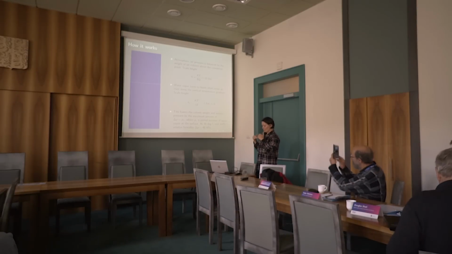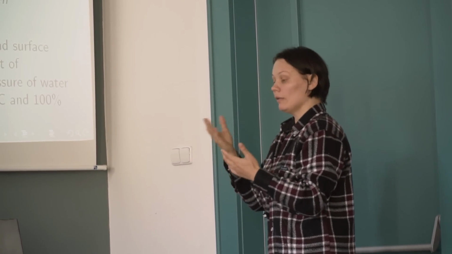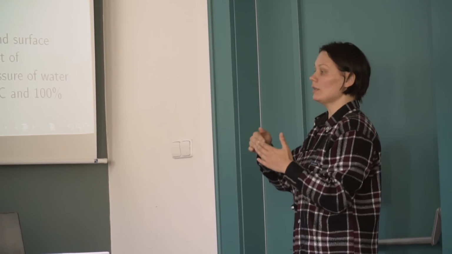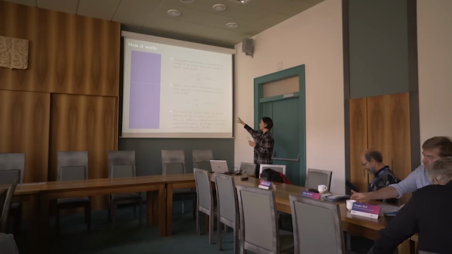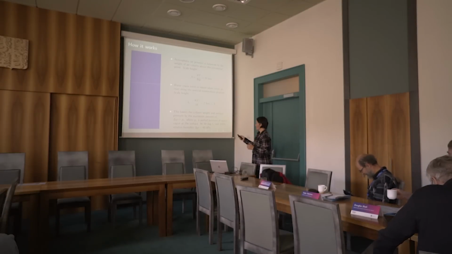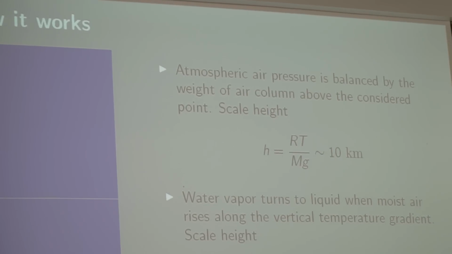And so this removal of water vapor by condensation leads to the situation where the scale height of water vapor depends on temperature, and on the lapse rate, on how fast the temperature drops with height, but it is only around 2 kilometers on average.